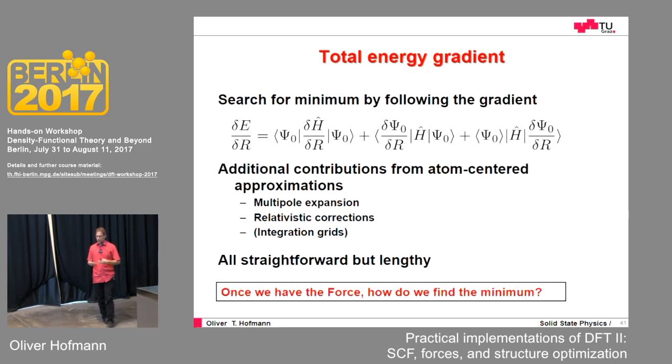There are then quite a bit of additional terms that contribute to the forces, for example, from the multipole expansion, from relativistic corrections, and also in some part from integration grids, especially if you take atom-centered integration grids. They are all straightforward. It's just mathematics that you have to apply, but they are lengthy, and I will not go through them. The question is, once we have the forces, how do we actually find the minimum?